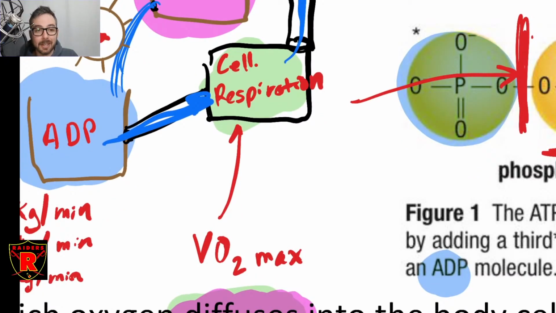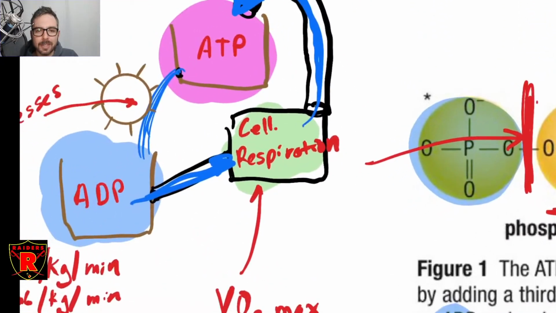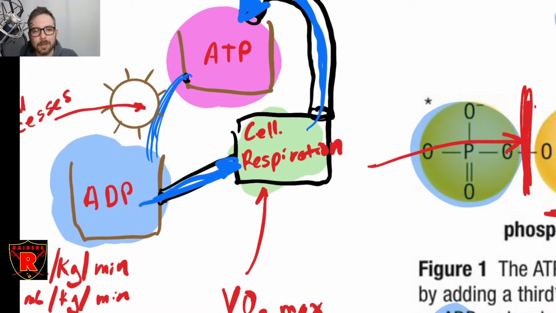And it's a very good indicator of athletic performance, because when you are running, it's basically telling you what the highest intensity is that you can run at continuously. Because as long as you are refilling the ATP storage at the top, you can just keep going. You can just keep running, not infinitely.